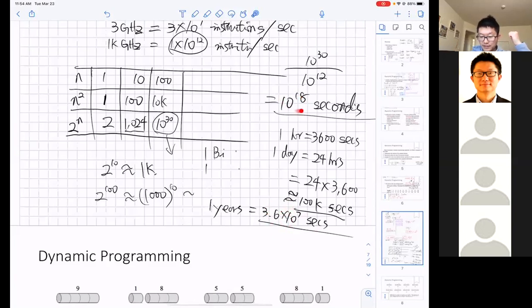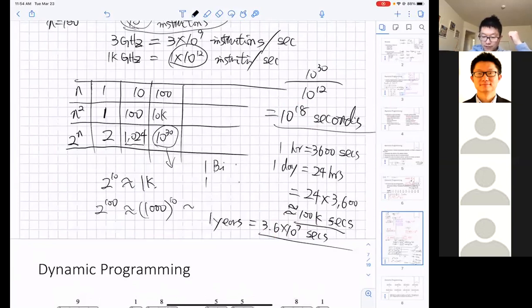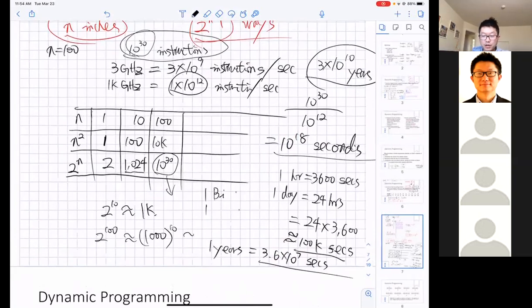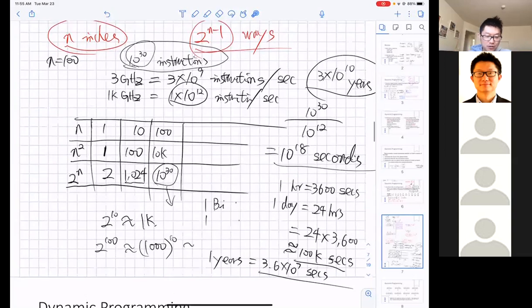So if you use this number to divide this number, we can say that to finish this calculation, we will roughly need 10 to the power of 10 years. Even though you are given the most powerful computer, you will need at least, let's say, 30 billion years to solve an NP hard problem whose input size is 100.